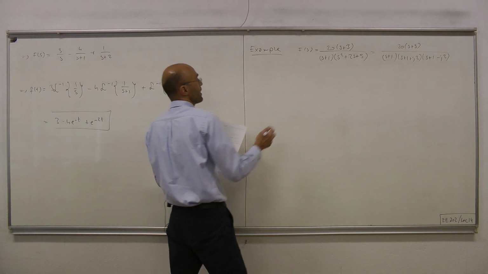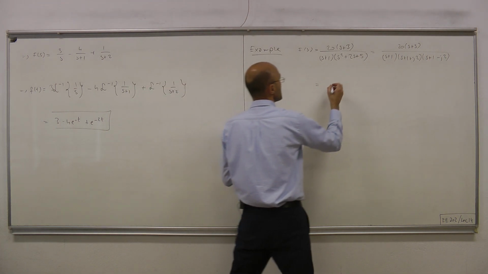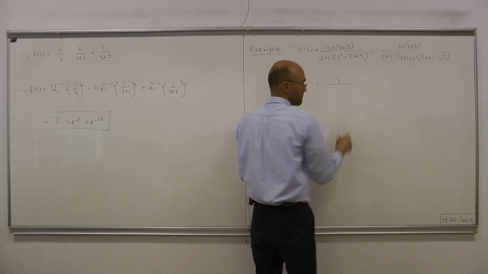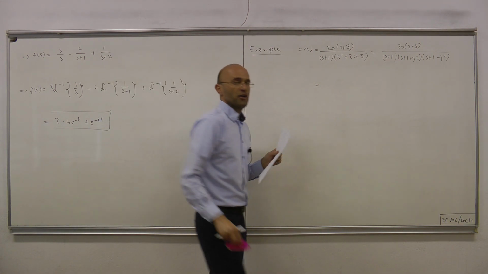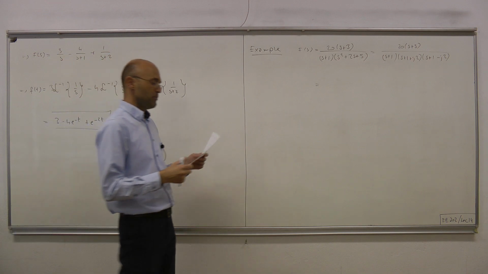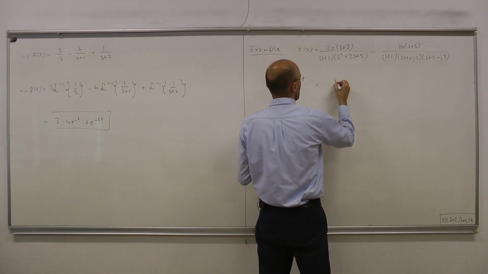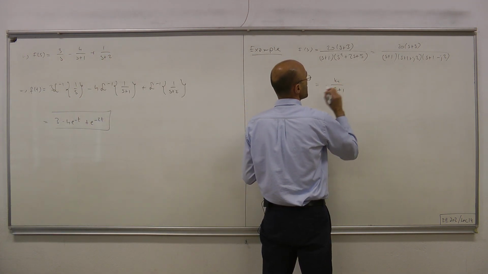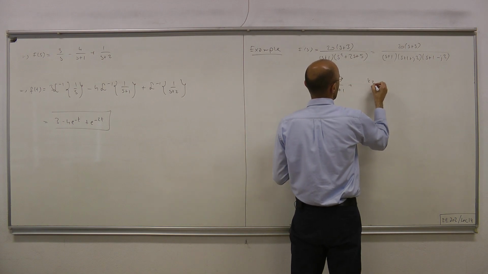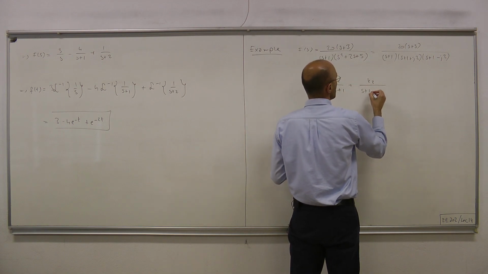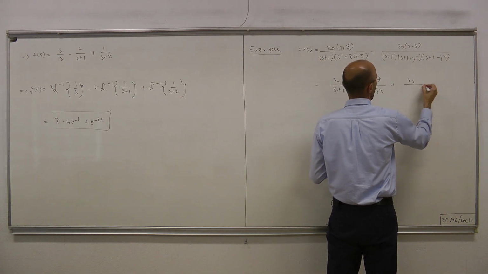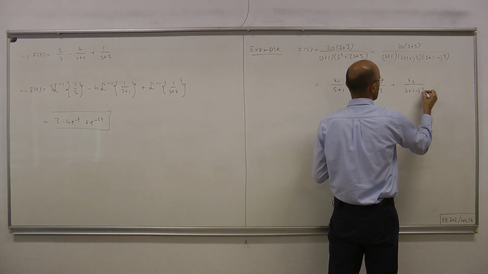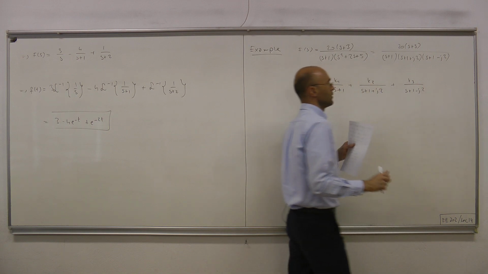So that means F of s can be written as k1 over s minus p1 plus k2 over s minus p2 and so on. k1 over s plus 1 plus k2 over s plus 1 plus j2 plus k3 over s plus 1 minus j2.